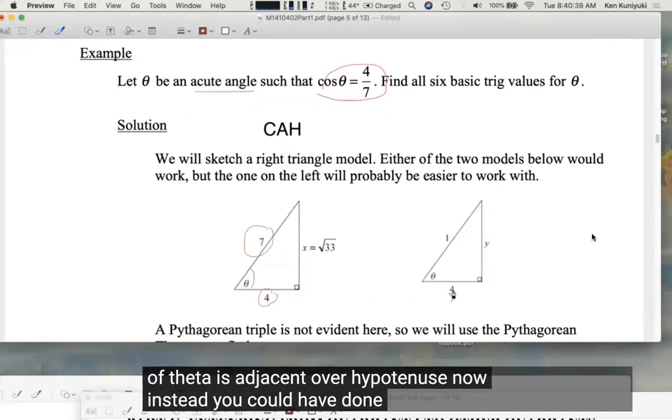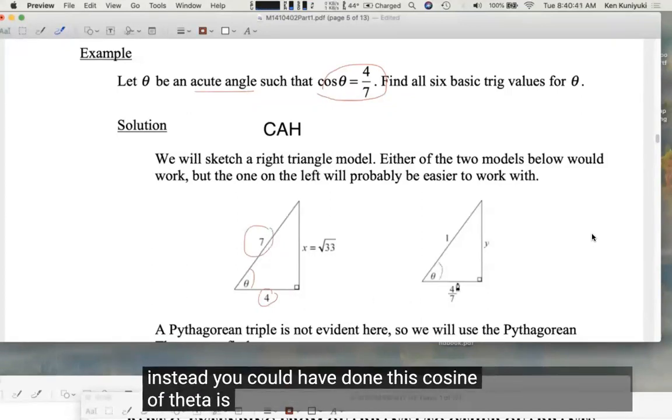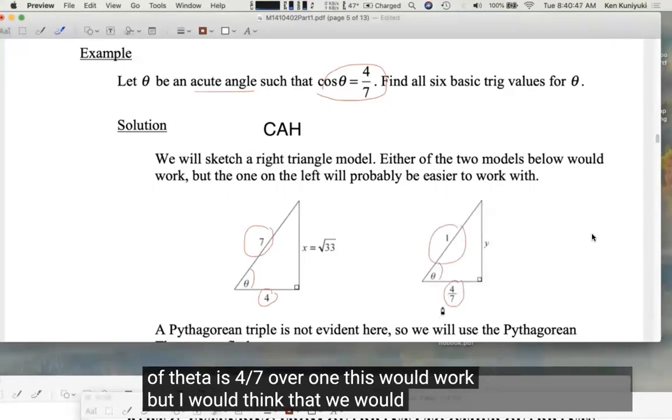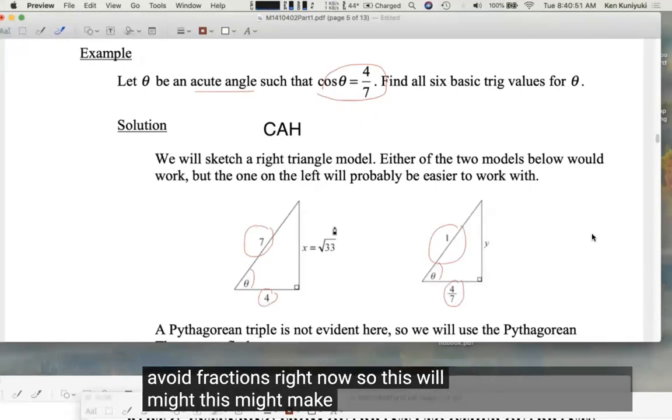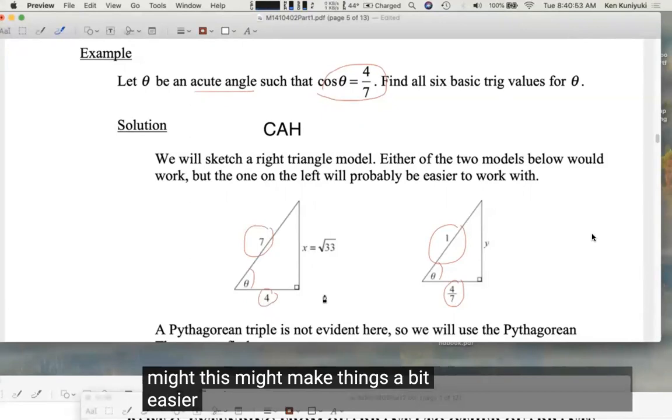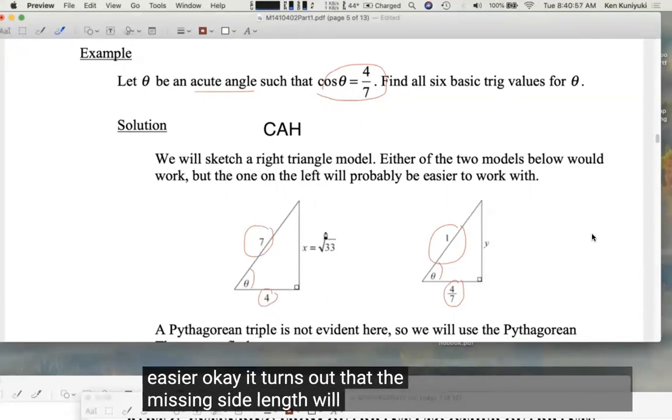Now, instead, you could have done this. Cosine of theta is 4/7 over 1. This would work, but I would think that we would want to avoid fractions right now, so this might make things a bit easier. Okay, it turns out that the missing side length will be root 33.